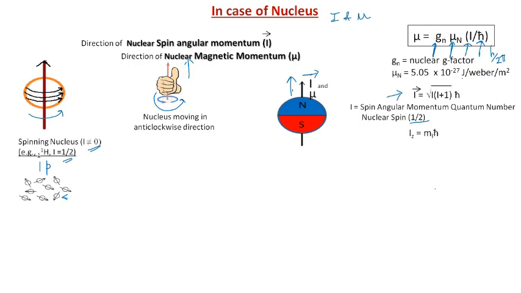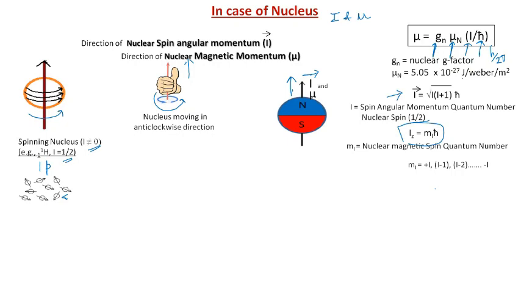If such a nucleus having nuclear spin angular momentum as well as nuclear magnetic moment is placed in the applied external magnetic field, then its component Iz along the direction of the field is equal to m_I h cross, where m_I is the nuclear magnetic spin quantum number.